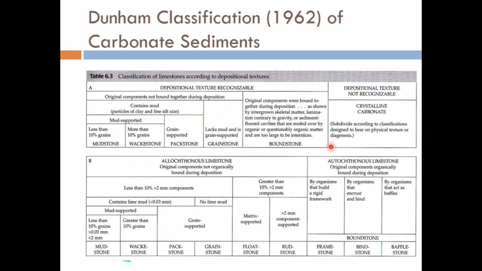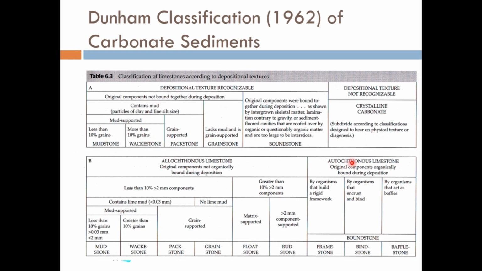right? And once the recrystallization has taken over so much that you can't recognize the components that help us identify it according to Dunham, then it is a recrystallized carbonate or a crystalline carbonate, either limestone or dolomite, right?